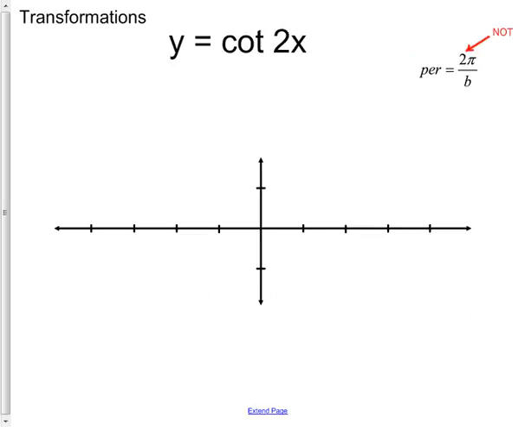All right, moving on. What if I had to graph this? Cotangent of 2x. First thing, you graph cotangent. Everybody graph cotangent. Just graph cotangent like normal.